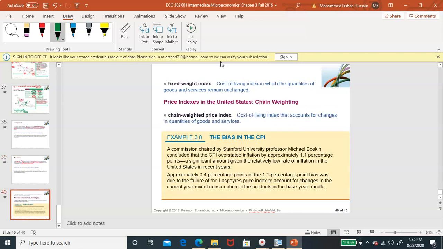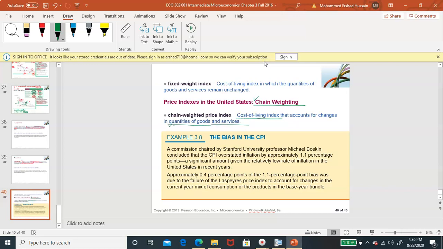Okay. So now economists propose a compromise that we call a fixed weight index, a cost of living index in which the quantities of goods and services remain unchanged, to control for the overestimation and underestimation of the Paasche and Laspeyres indexes. And price indexes in the United States recently have also started using chain weighting, a chain weighted price index, a cost of living index that accounts for changes in quantities of goods and services.